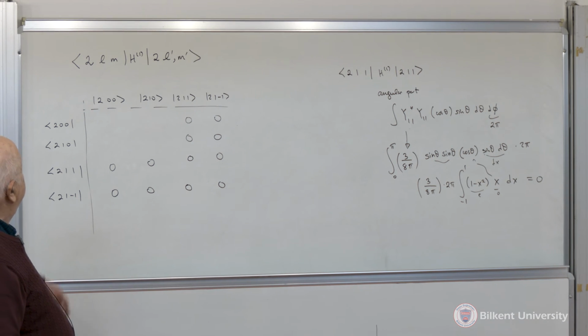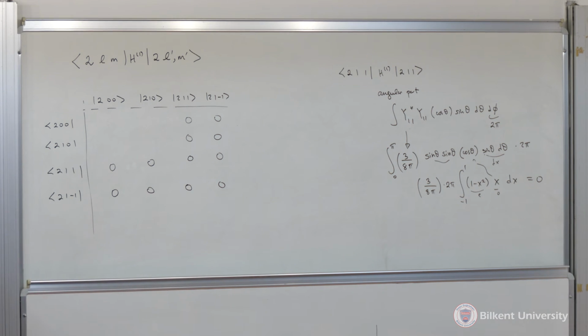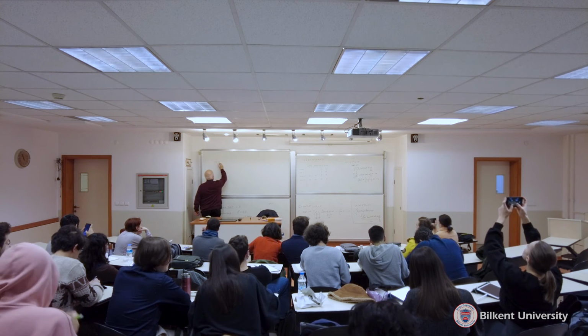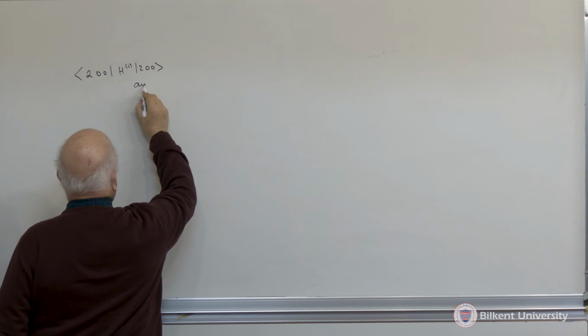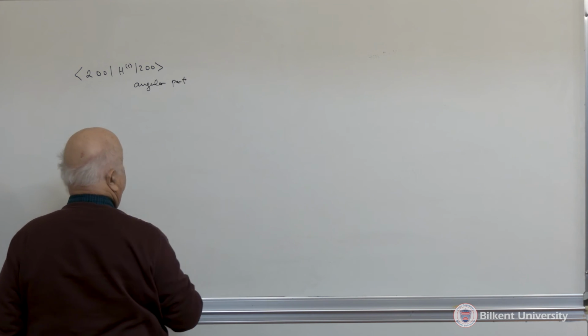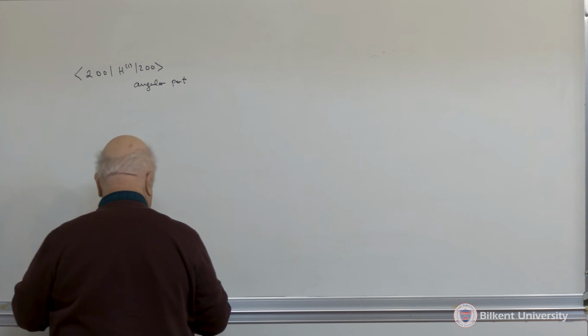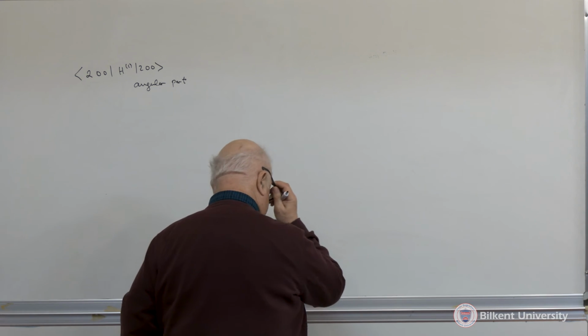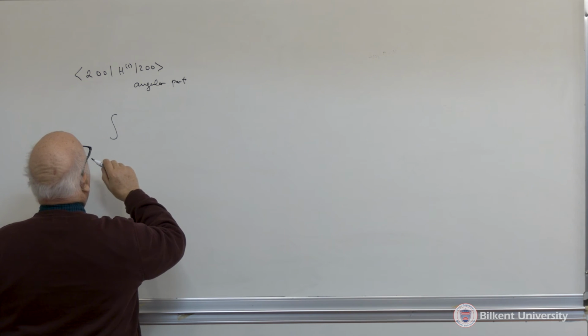So let's look at other diagonal terms. Let's look at 2, 0, 0, H1, 2, 0, 0. Again, I'm going to look at the angular part. Oh, this is easy, right?